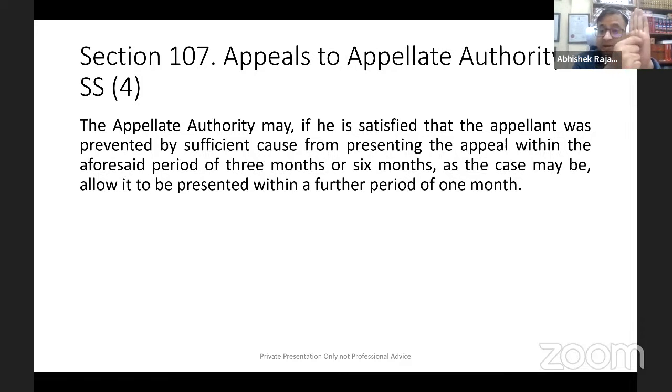Delay, 5 days. Next line: power to condone delay, 1 month. So by when could it be condoned? 31st January 2024. The actual appeal was filed on 5th of January 2024. Within time limit under section 107? Yes.